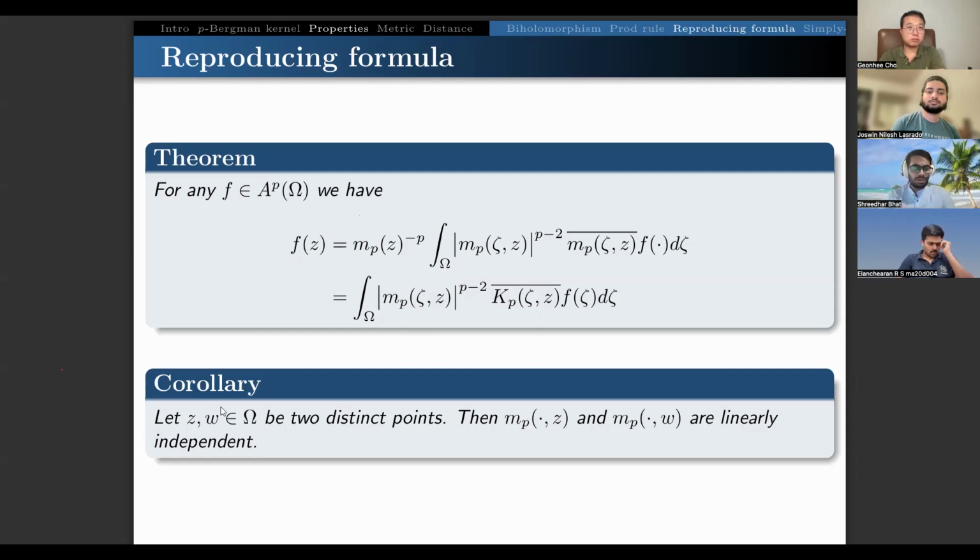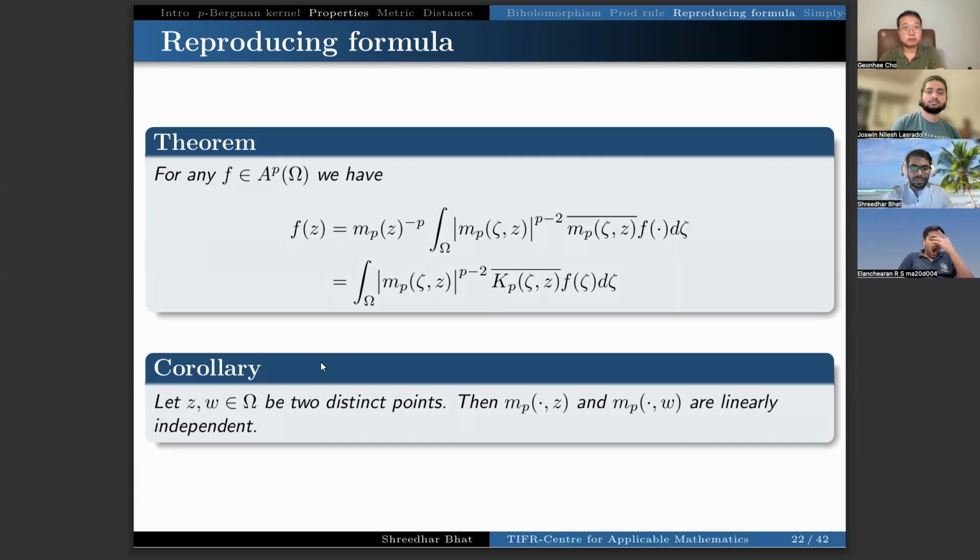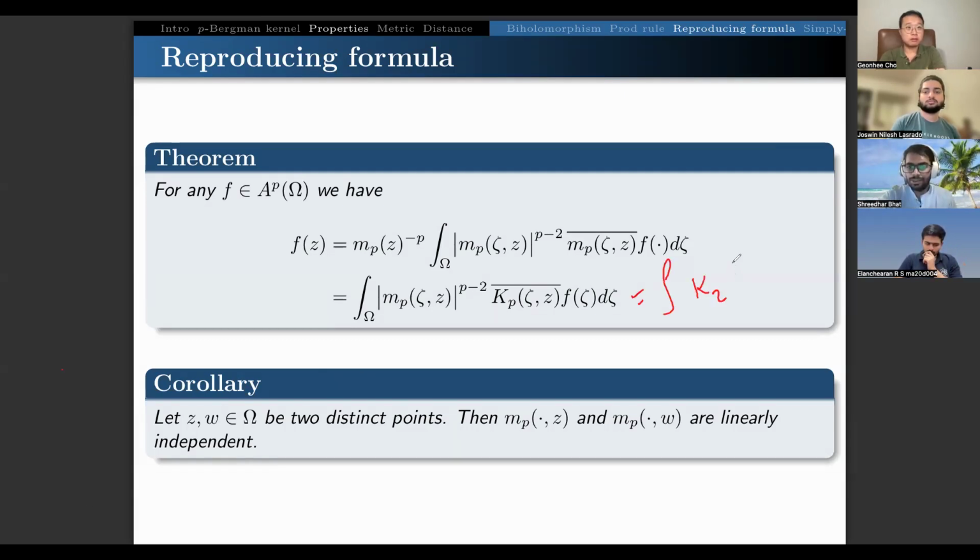To compare this with the case of p equal to 2, you know that this is just the integral of A_2 of zeta, z times f of zeta d zeta. But here you have this other term that you have to write.